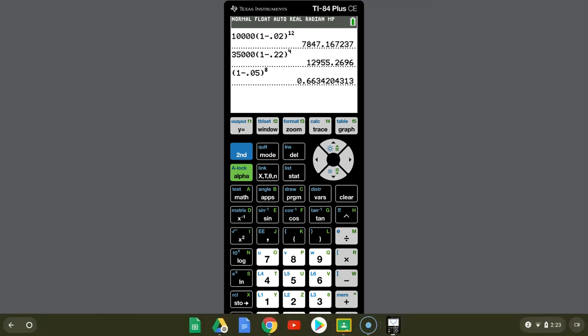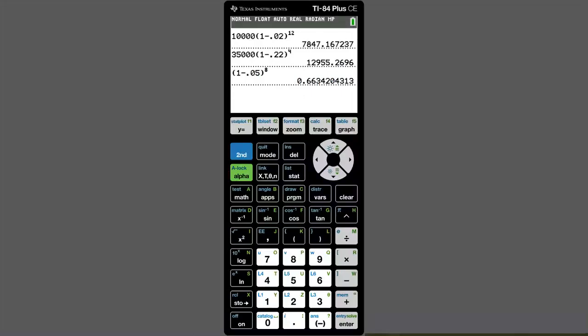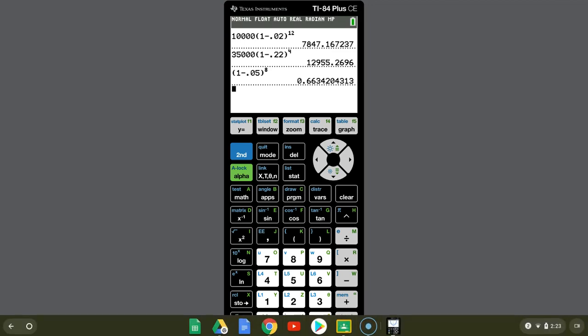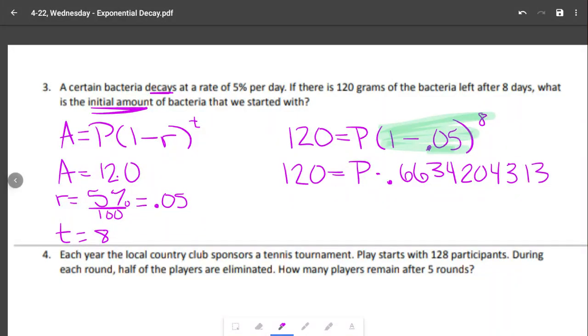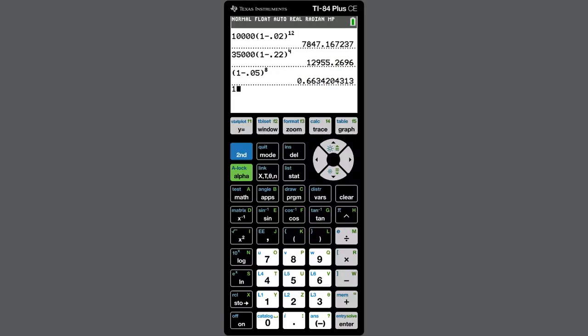So we have 0.6634204313. So because it's multiplying with P, we are now going to divide it to the other side. So on your calculator, 120 divided by this decimal.